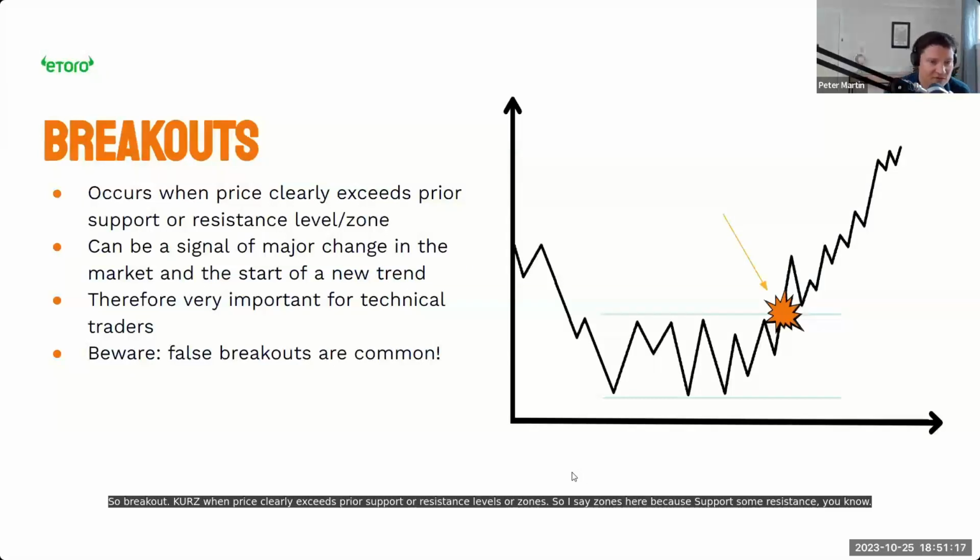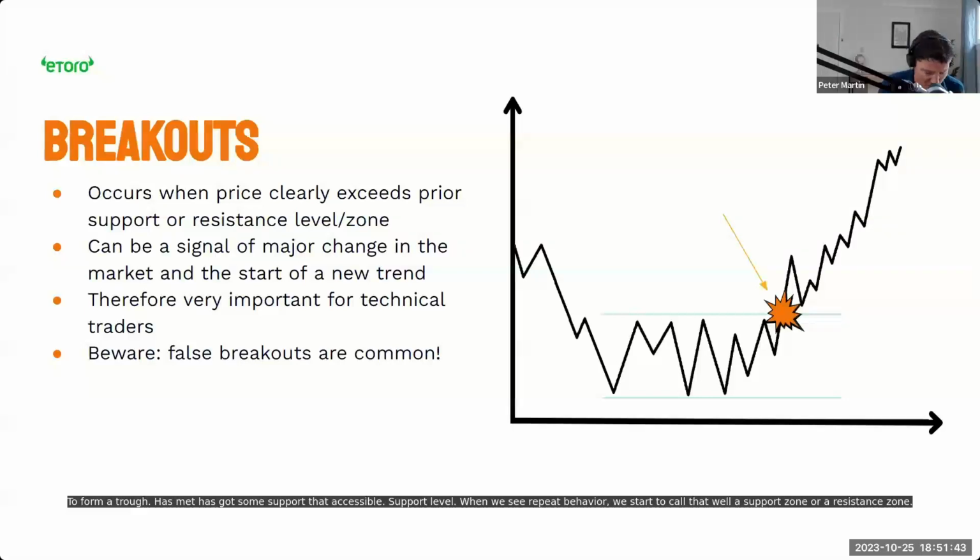A breakout occurs when price clearly exceeds prior support or resistance levels or zones. I say zones here because with support and resistance, a price where it forms a peak has met resistance. That's a resistance level. A falling price that bounces to form a trough has got some support.